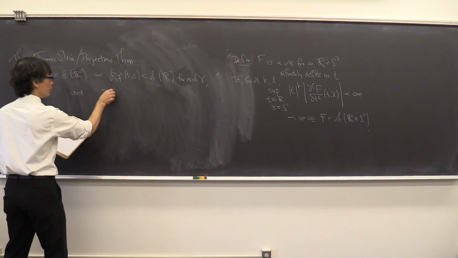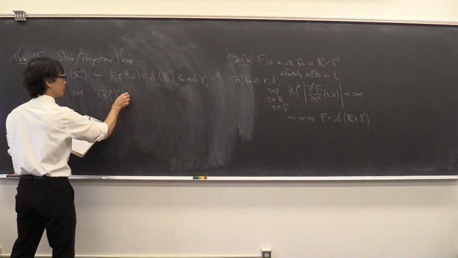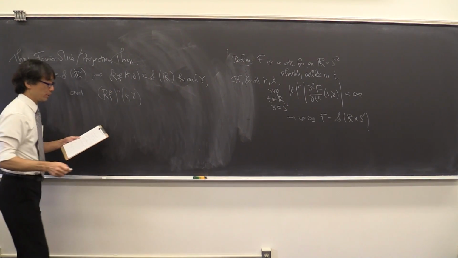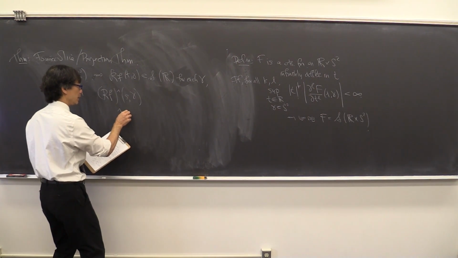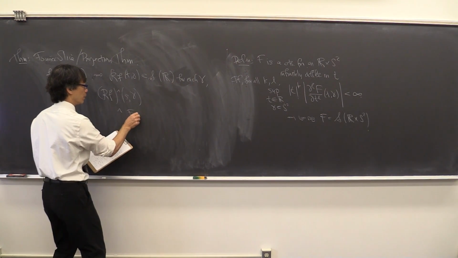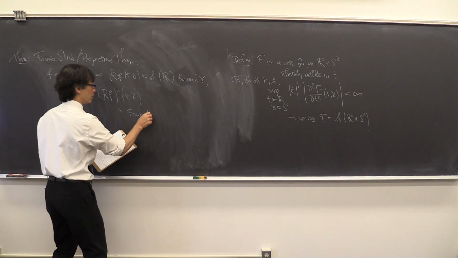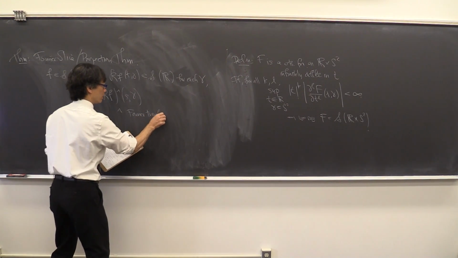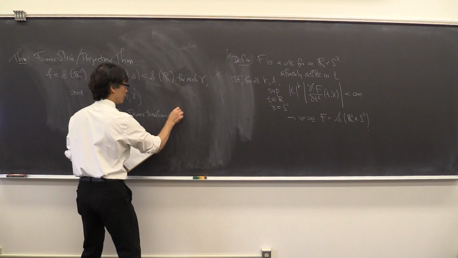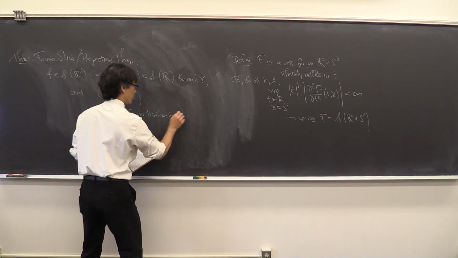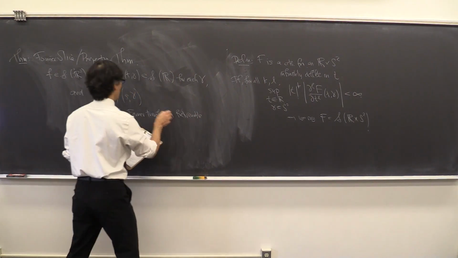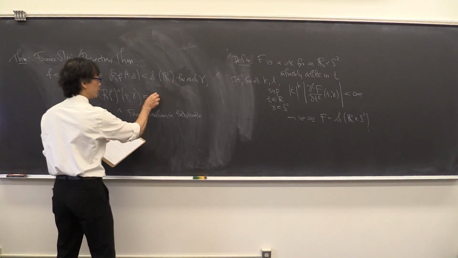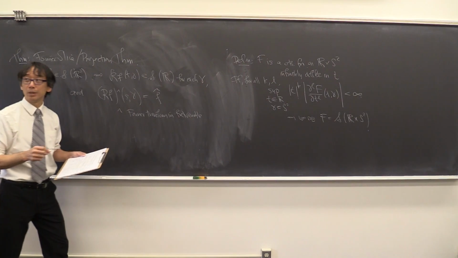The Fourier transform of the Radon transform in the first variable, so this hat indicates the Fourier transform in the first variable, turns out to be the Fourier transform of f.